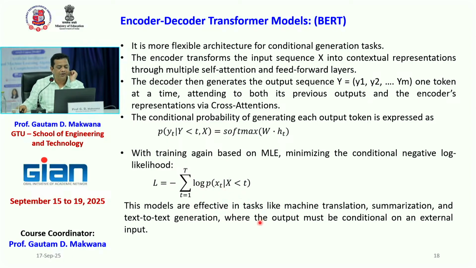This model is effective in tasks like machine translation, summarization, and text-to-text generation, where the output must be conditional on an external input. So here, for a given input, you can generate new kinds of generative AI content.